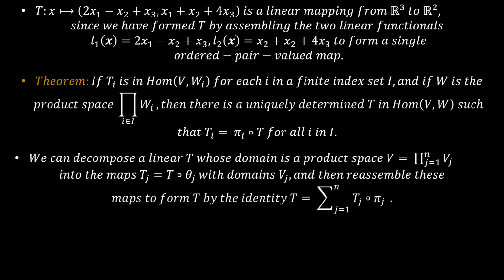We can decompose a linear transform T whose domain is a product space V, which is the Cartesian product of Vj, j equals 1 to n, into the maps Tj equal to T composed with the product injection with domains Vj, and then reassemble these maps to form T by the identity that we see here.